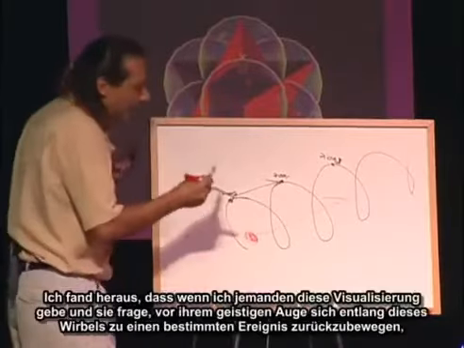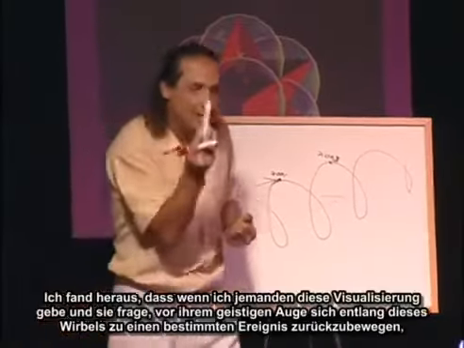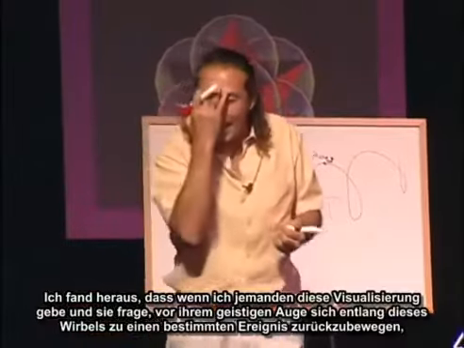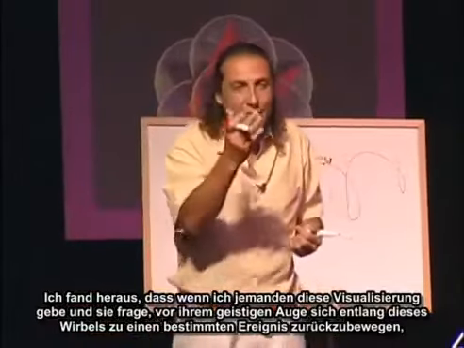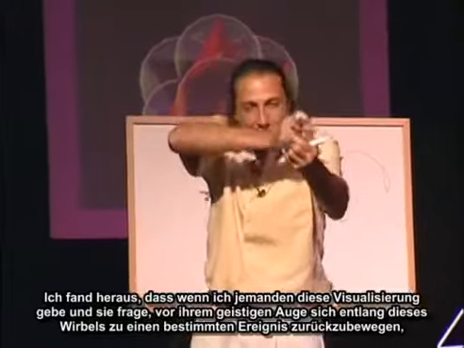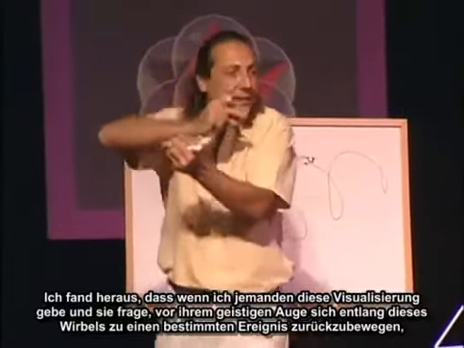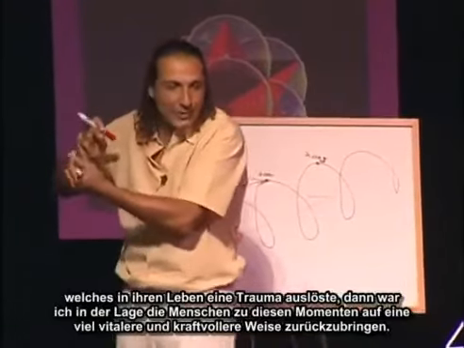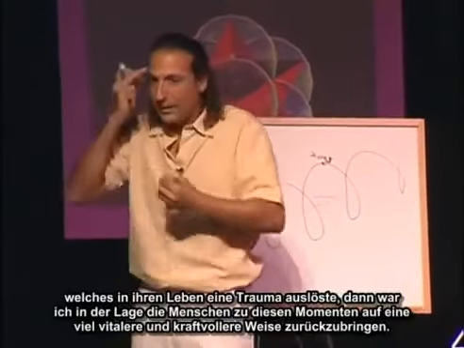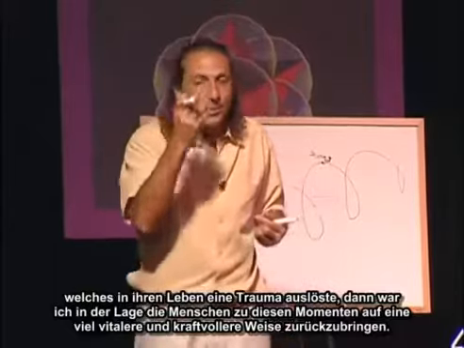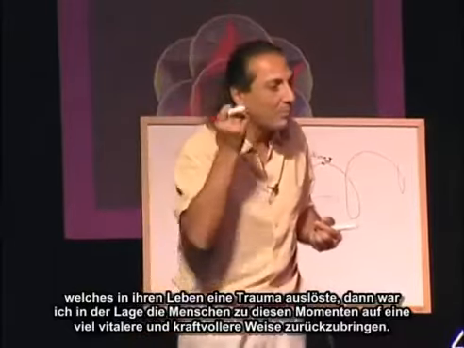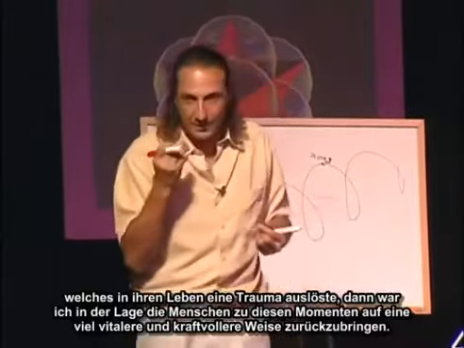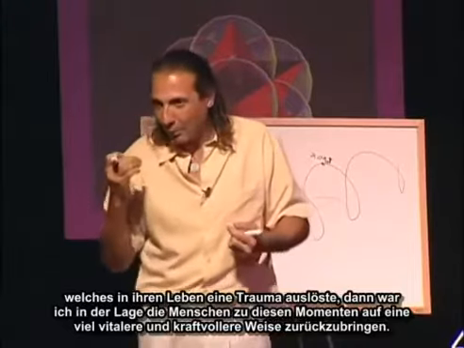If I give this visualization to somebody and I ask them in their mind's eye to move the Earth back along that vortex to an instance, to something that happened in their life that was traumatic, I'm able to get these people to go back to that moment in a much more vivid and much more powerful way.